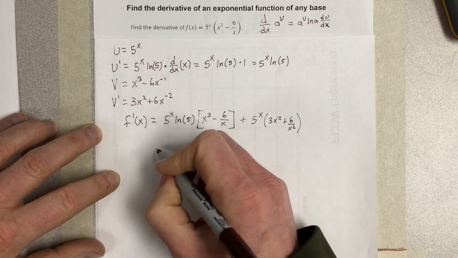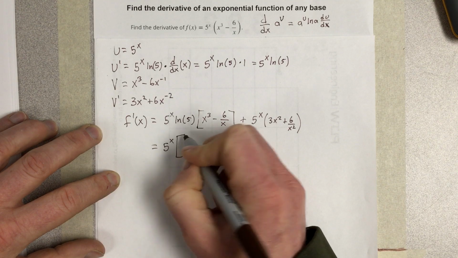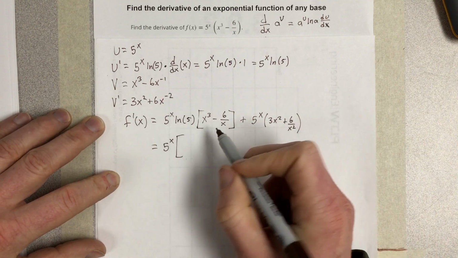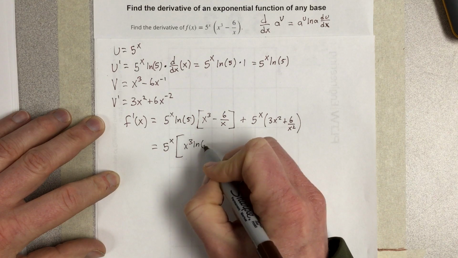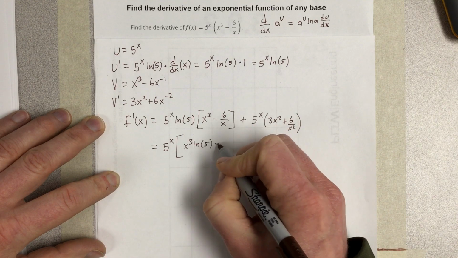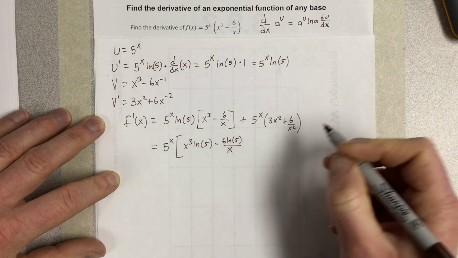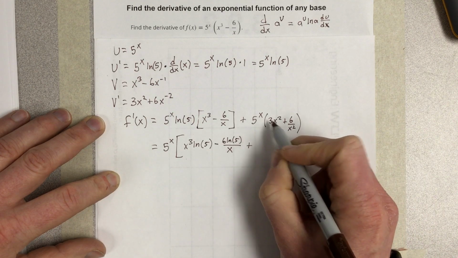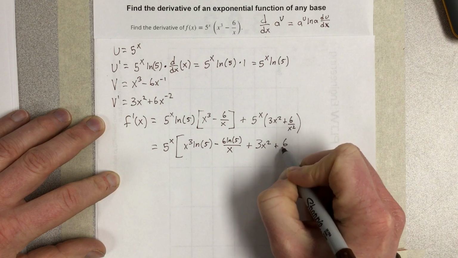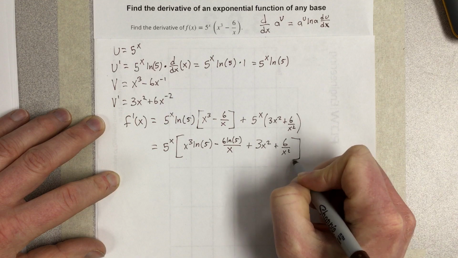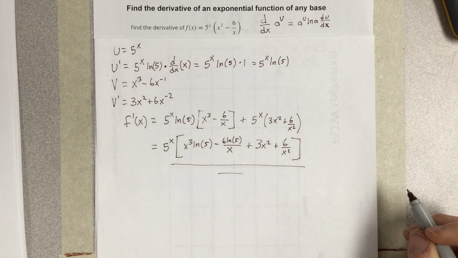So that is 5 to the x times x cubed natural log of 5, if I distribute the natural log 5, minus 6 natural log 5 all over x, plus, when I factor the 5 to the x out, I just end up with 3x squared, and then plus 6 over x squared. So I guess that might be a little bit simpler version here, but that's the derivative of the above function.